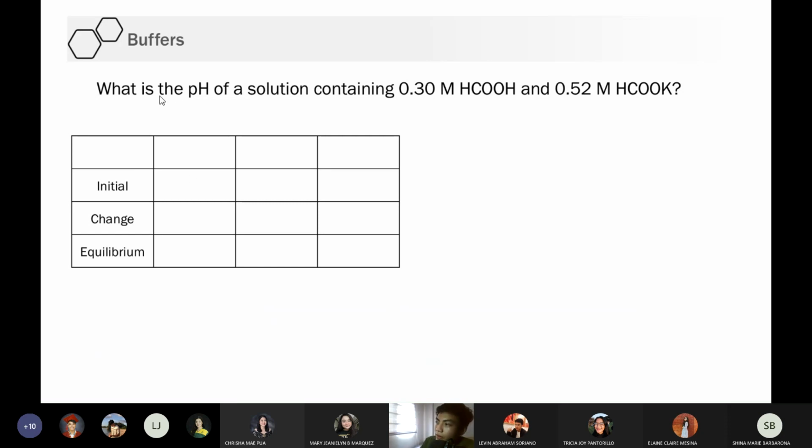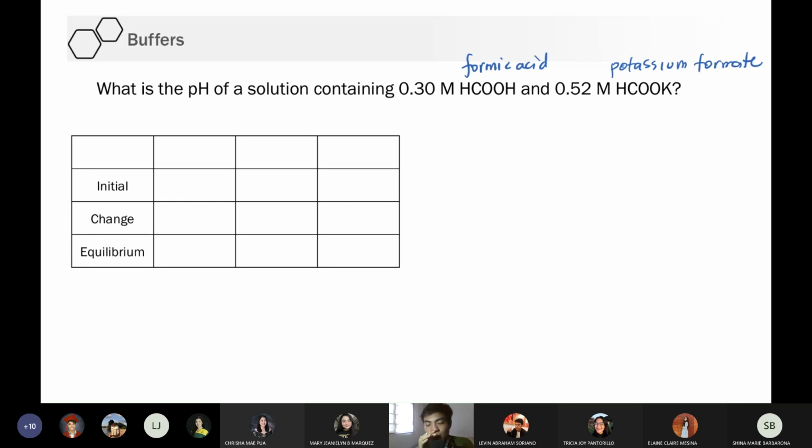So, tanong dito, what is the pH of a solution containing 0.30 molar formic acid and 0.52 molar potassium formate? Okay, so ano daw yung pH ng solution that contains 0.30 molar formic acid and 0.52 molar potassium formate?